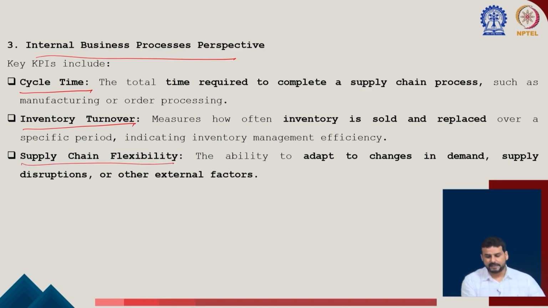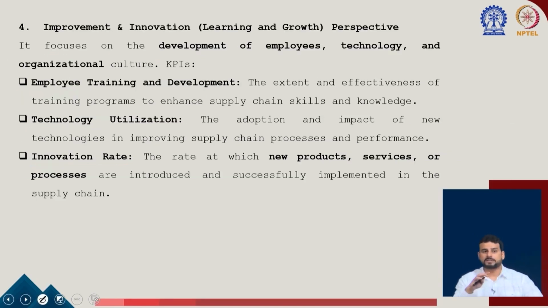Supply chain flexibility, how quickly your supply chain can adapt to the changes if any demand for new product variety or any supply disruption is there, any disaster happens, any strike is there, still your supply chain is resilient enough to absorb all those disruptions within the supply chain, and then you can still maintain the smooth supply.